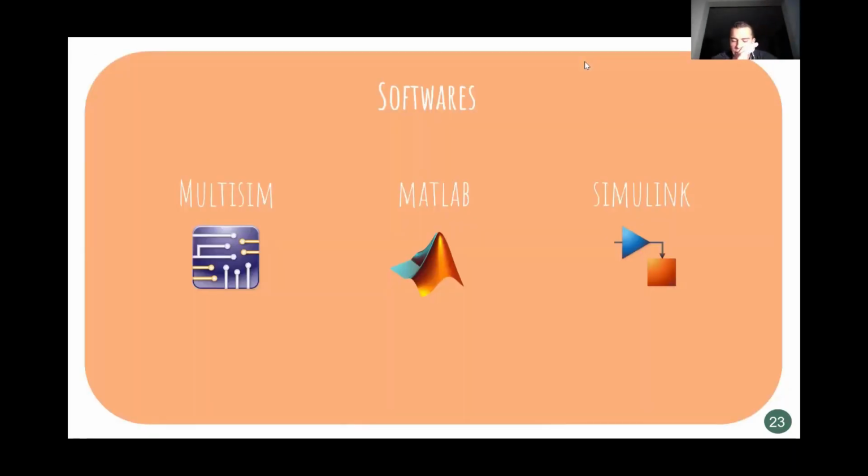Now, I'll be telling you about the pros, the advantages, and disadvantages of each software. For starters, Multisim is a really friendly software, I would say, and it's easy to obtain an answer, because without having the specific values, you only need to design the circuit you want, and you'll have an answer.